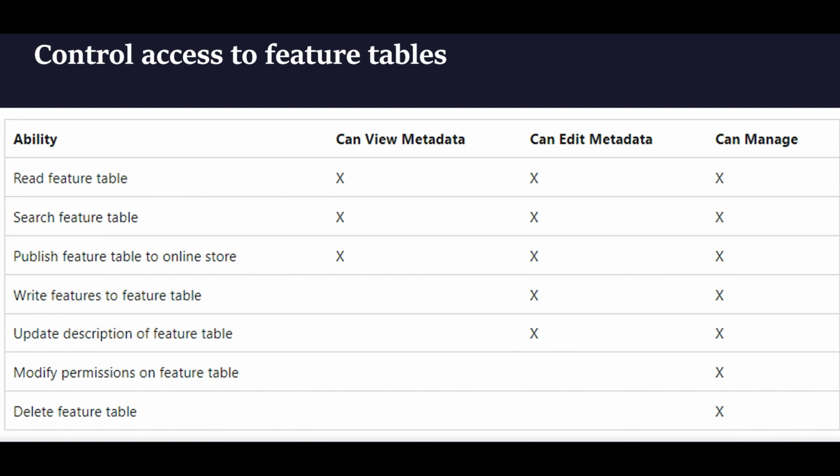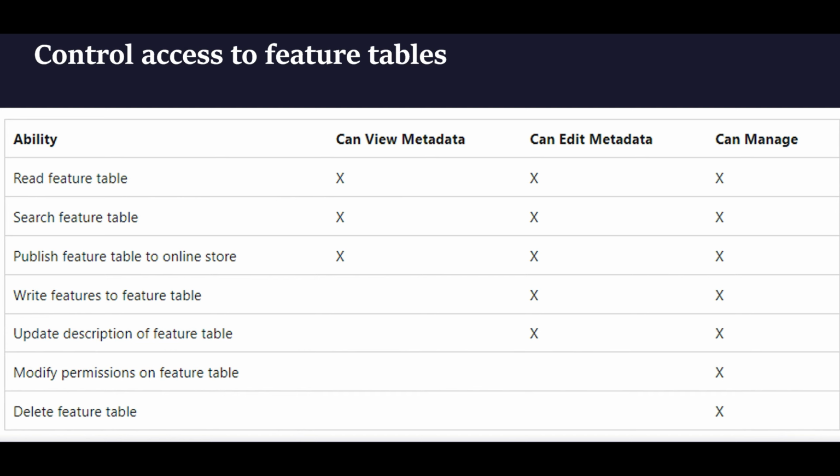Then what is table access control? That's a whole separate topic, that is how you can define fine-grained access control over the Databricks tables that you have in your workspace, which by default all users have access to all data stored in a cluster's managed table unless table access control is enabled for that cluster.